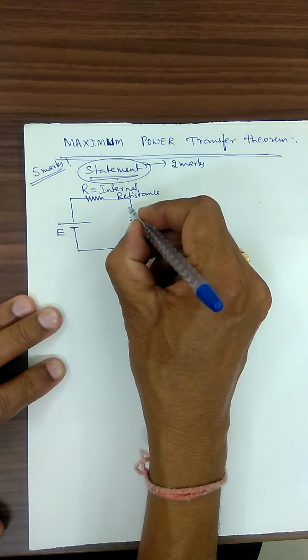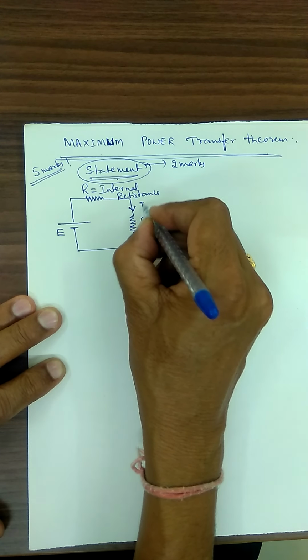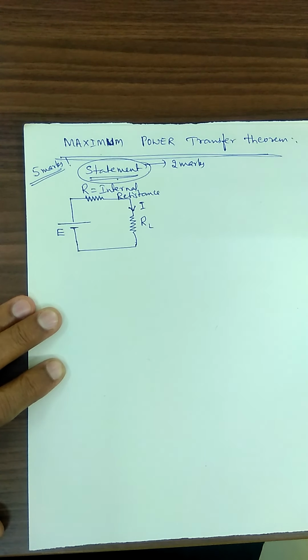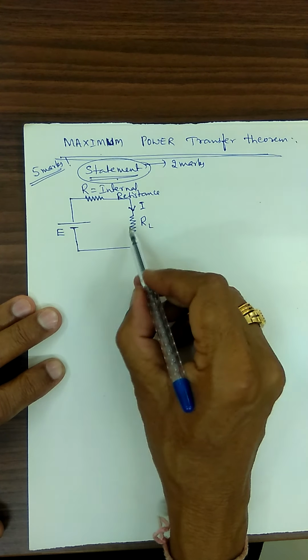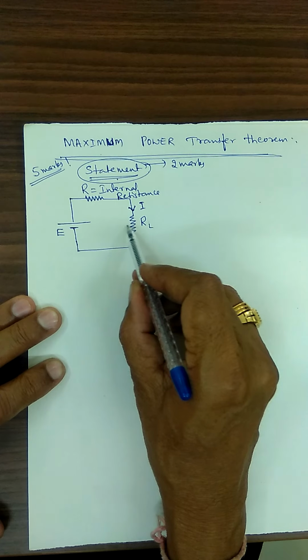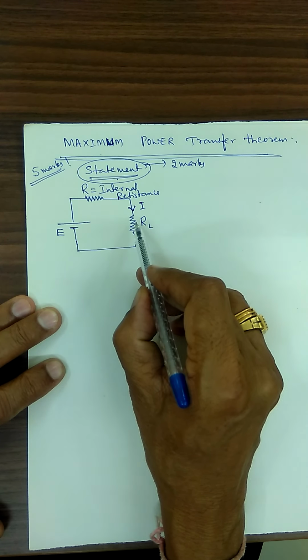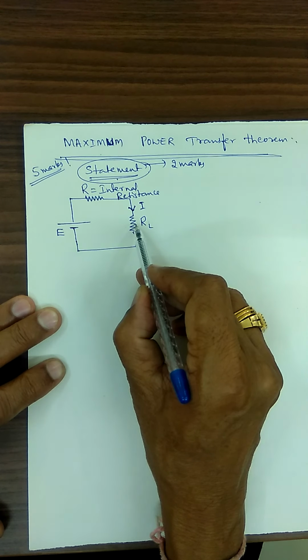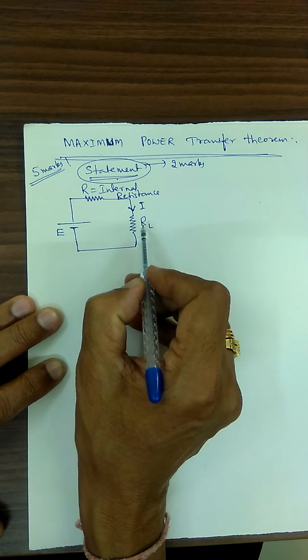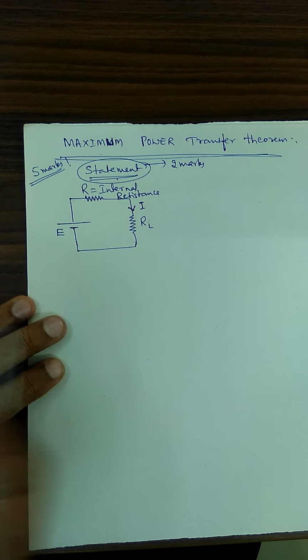Here the current is flowing, and I will consider that current to be I. Whatever power is delivered to this load is a maximum amount, provided this internal resistance and this load resistance are equal to each other. That is the meaning of this statement.